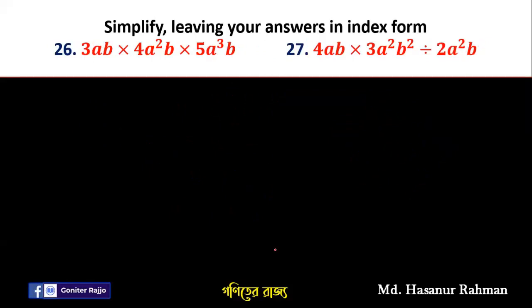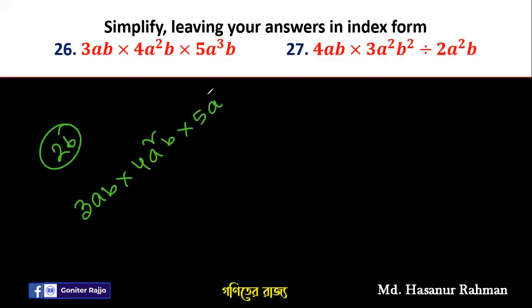Now number 26. Number 26 says 3ab multiplied by 4a square b multiplied by 5a cube b. At first we have to multiply 3, 4 and 5. 5 fours are 20, 20 threes are 60.